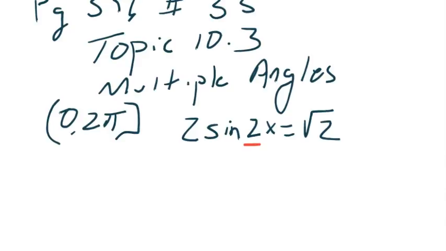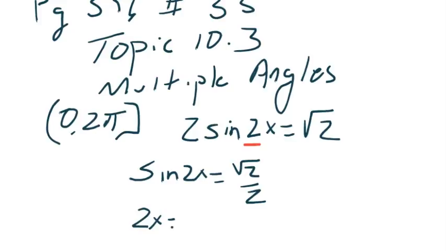So, the solution goes like this. First of all, we solve sine of 2x equals square root of 2 over 2. We know how to do that. We take the inverse sine of both sides and have 2x equals the sine inverse of square root of 2 over 2.